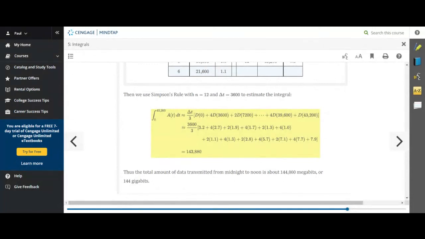So the total amount of data transmitted from midnight to noon is about 144,000 megabits, or 144 gigabits. So this is a problem where you have to use numerical approximation, because you don't have a formula for your data function.